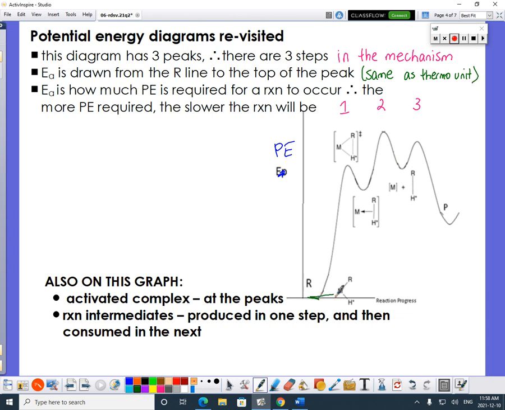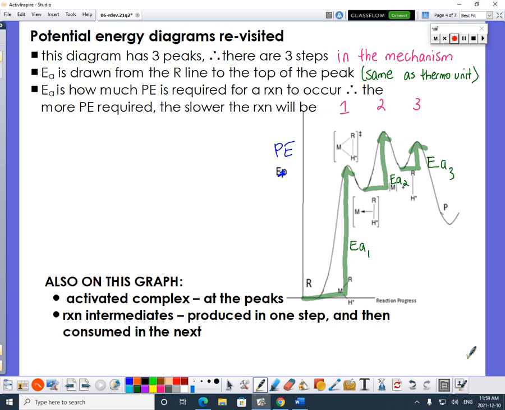So you always start at the reactant line-ish. So 3 peaks, 3 steps, 3 activation energies.